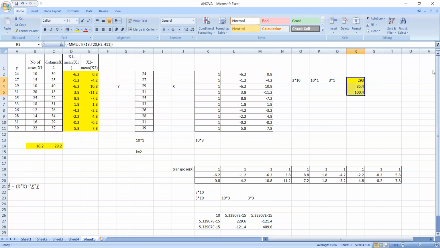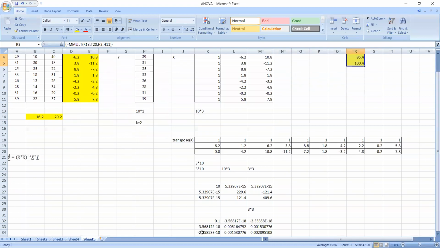And then we have the X transpose X inverse matrix, this one. If you look at the equation, we have to take X transpose X inverse multiplied by X transpose Y, the multiplication between these two. This is a 3 into 3 matrix and this is a 3 into 1, so 3 into 3 multiplied by 3 into 1 gives a 3 into 1 matrix as the result.